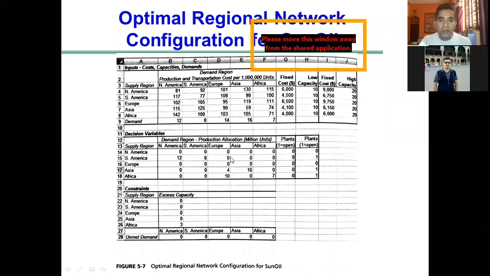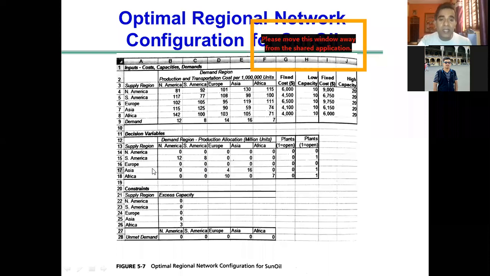It will be one plant with a larger production capacity, that is 20 million units. Out of the 20 million units produced in South America, 12 million units will be supplied to North America, and 8 million units will be supplied to South America. So a total of 20 million units are utilized. Production capacity utilized is 100%.